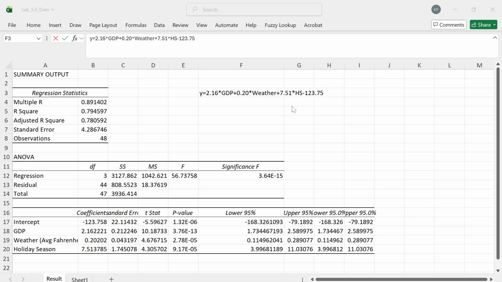So in this example, to summarize, I tried to solve a problem with multiple linear regression, but in this problem I used a dummy variable such as holiday season, and you understood how to use this.